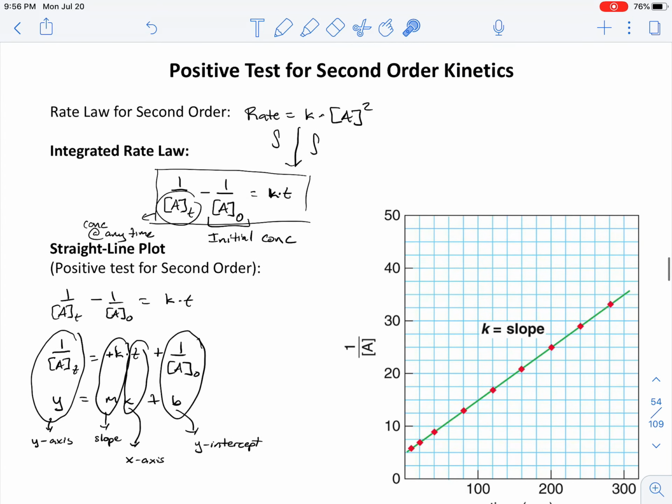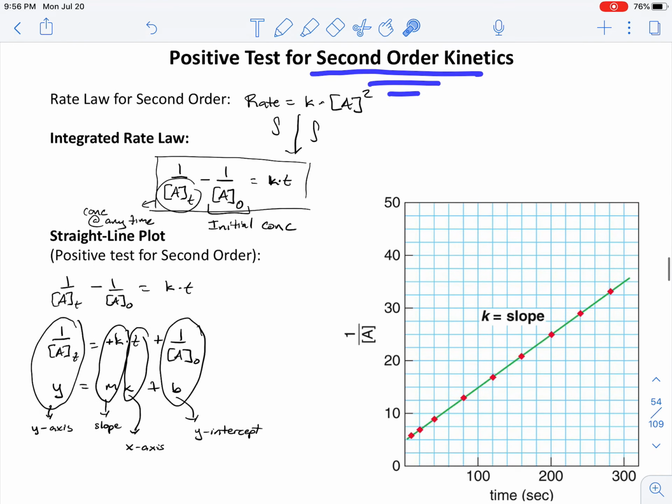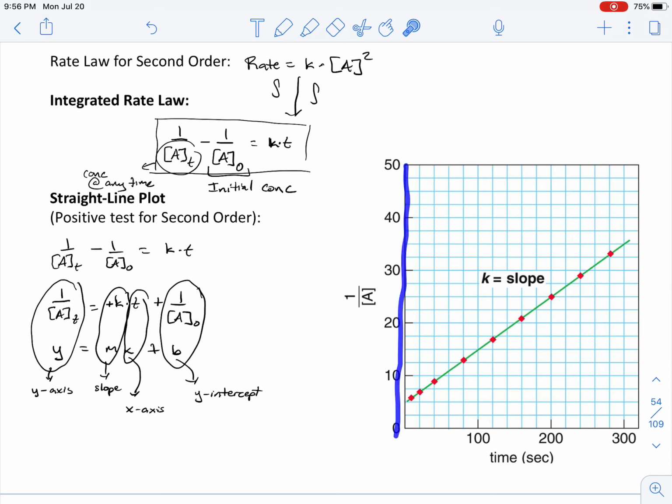Now, if you want to determine if the chemical reaction is undergoing second order kinetics, you manipulate the concentration of the reactant by taking its reciprocal, in other words, 1 divided by the concentration of the reactant. The reciprocal is plotted on the y-axis against time.